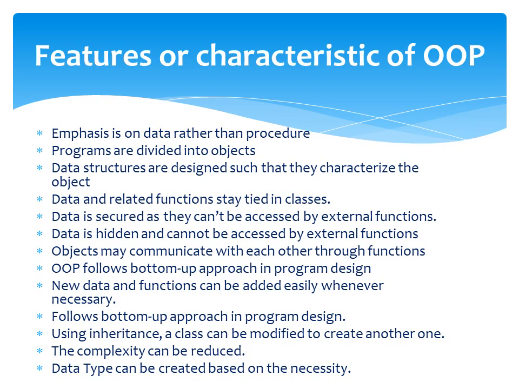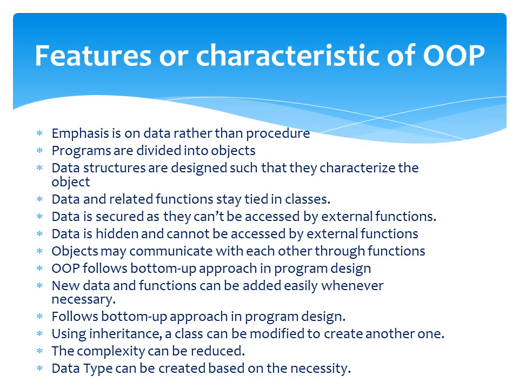Next, data is secured as it can't be accessed by external functions. Now, object-oriented programming has the concept of encapsulation. This encapsulation binds the data and the functions together in a single unit called a class, and thereby it secures data.